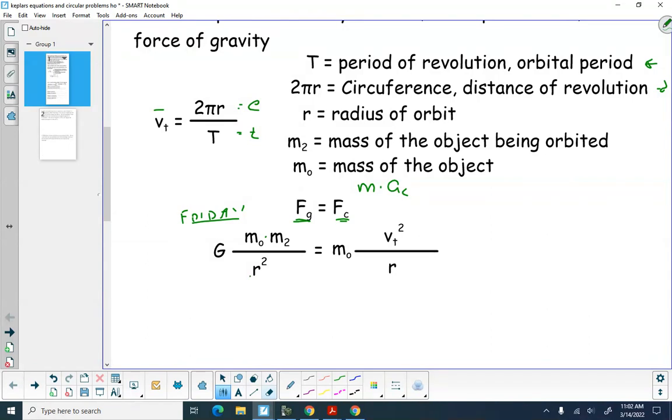Well, if we take a look at these two quantities, the masses of these objects will cancel out. They will cancel out.